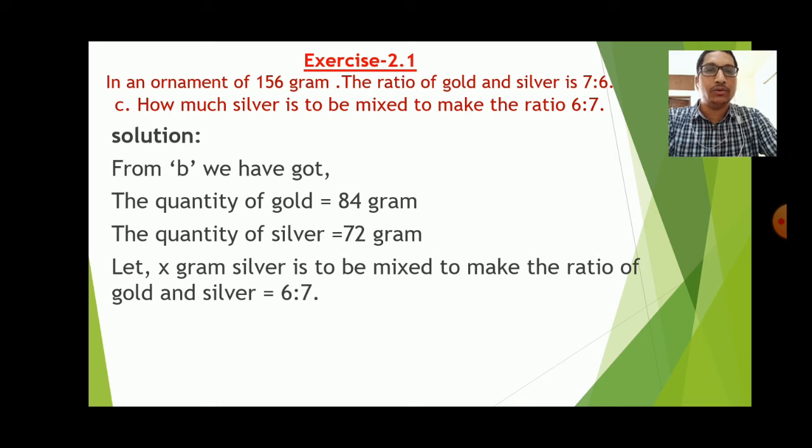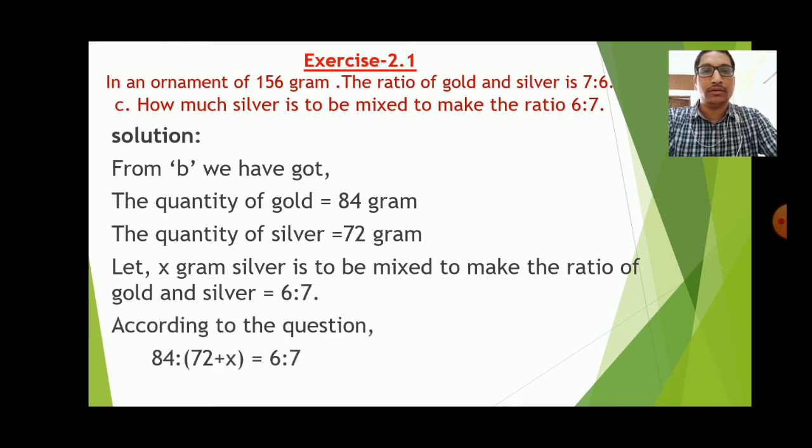How we will find out? At first we will make an equation. After that, by solving this equation, we will find out the value of x. So look at here, according to the question, our gold's quantity is what? Gold's quantity here is 84 gram, and silver how much?